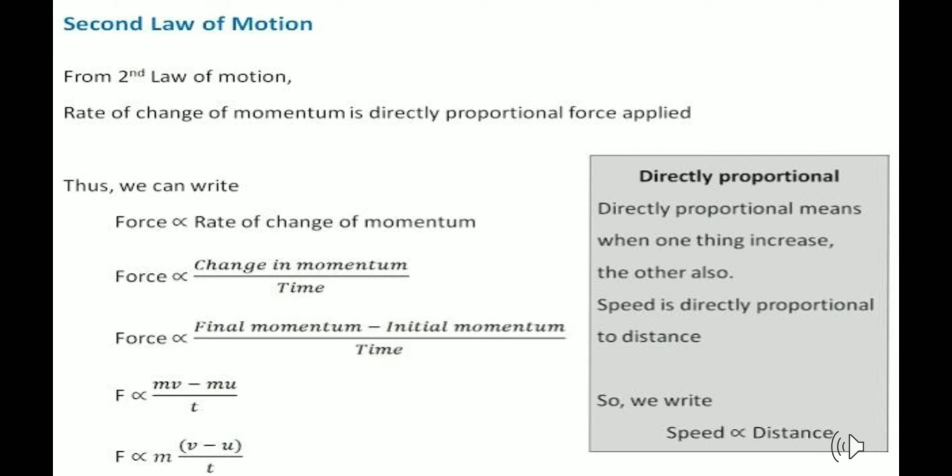Now if you remember, (v minus u) by t is what? Acceleration. So force is directly proportional to mass multiplied by acceleration of the body. Now we have an alternative method of this also. So first we'll study that also. So we move further.